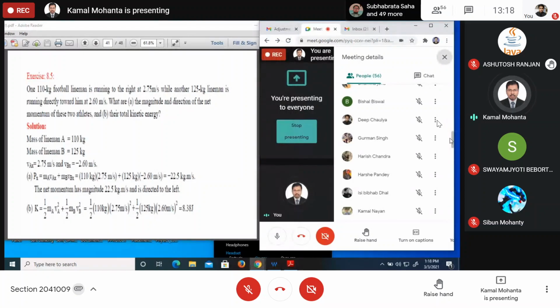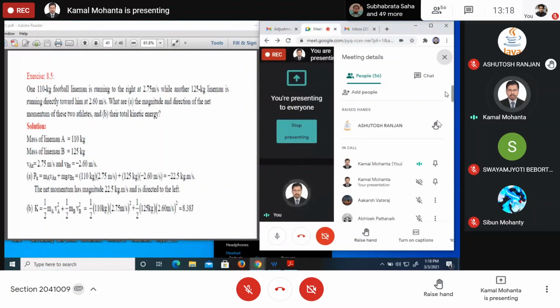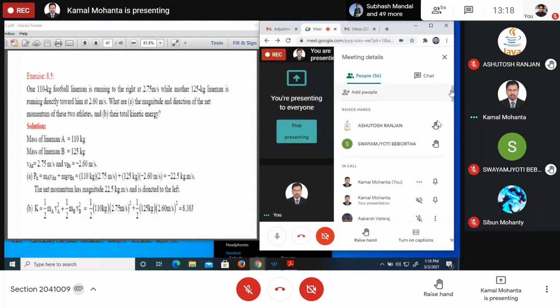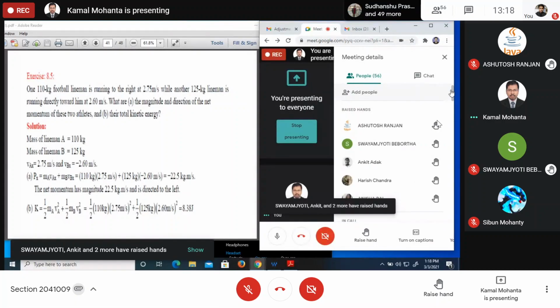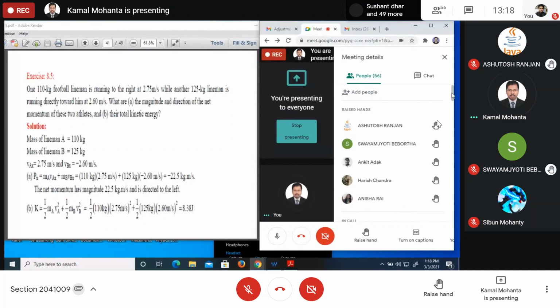All of you do it. These are very important questions for the examination. Those who have completed both the parts, raise your hand. The momentum is minus 22.5 kg meter per second and the direction is left, and for the kinetic energy it is 838.4 joule.